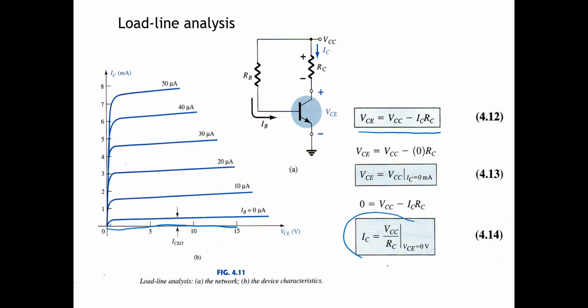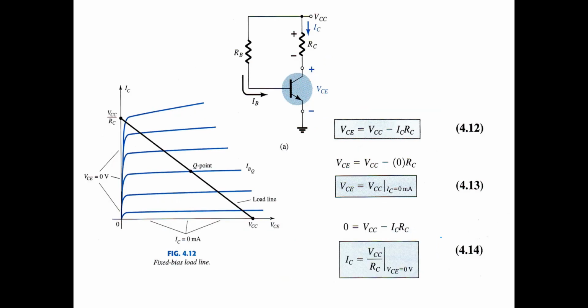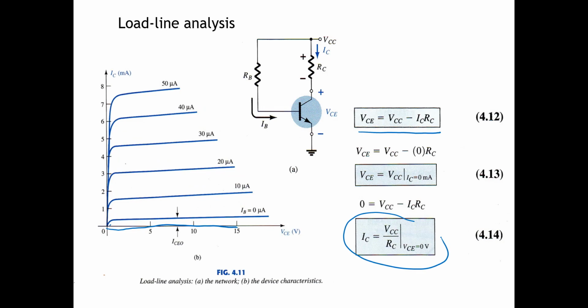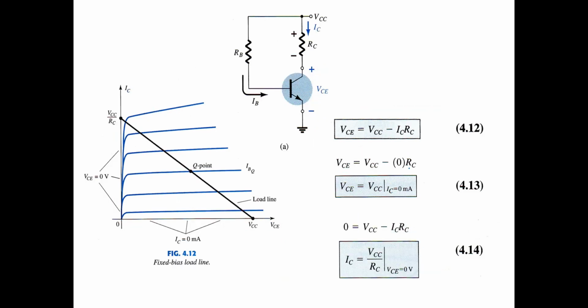IC is VCC per RC when VCE is equal to 0. And when IC is equal to 0, VCE is equal to VCC. So we have two points here, one on the y-axis and another on the x-axis. So we draw from this point to this point.